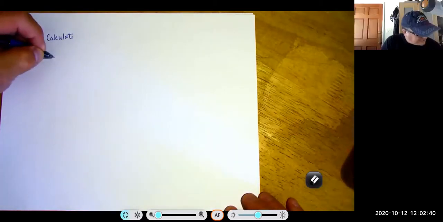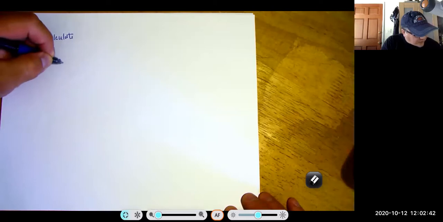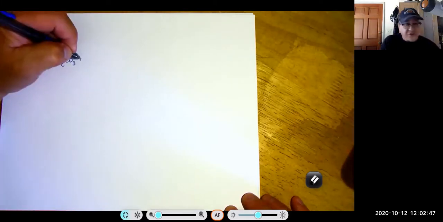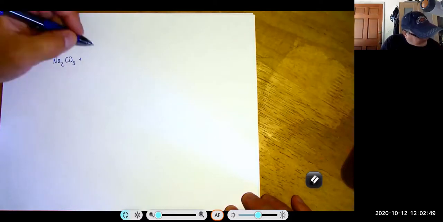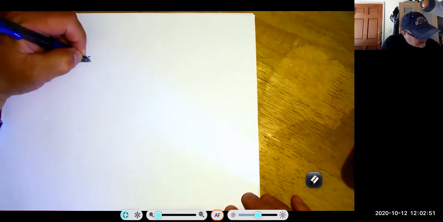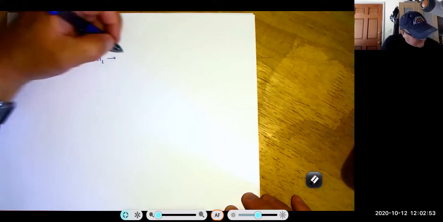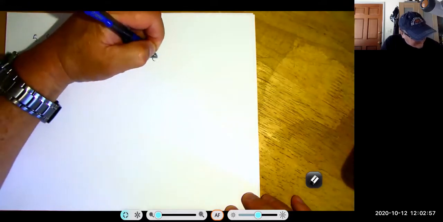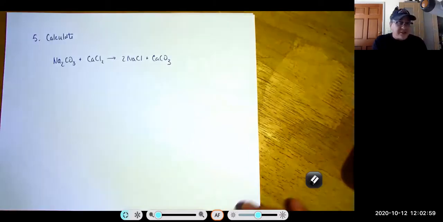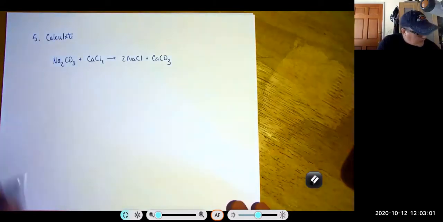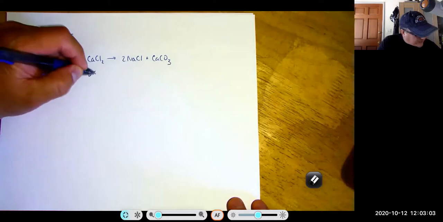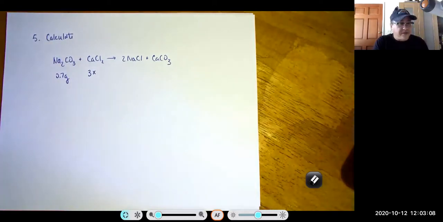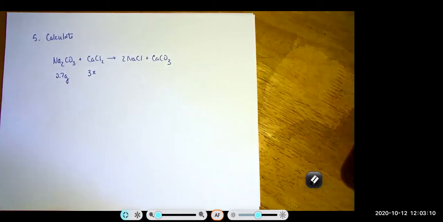Okay, so I'm going to do this for sodium carbonate, and I'm going to let you do it for potassium carbonate. So there's the reaction. And we want a 3 times excess, and here we're going to start with 0.7 grams. Does that sound right? Yep. Okay.